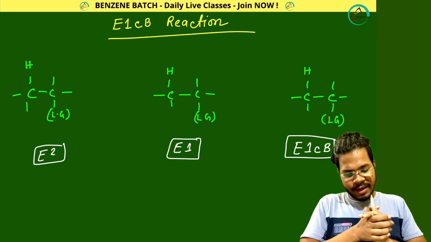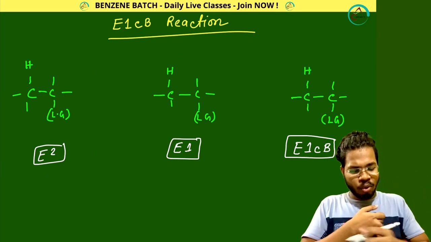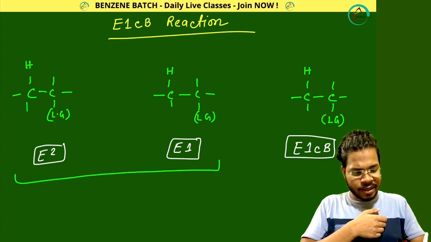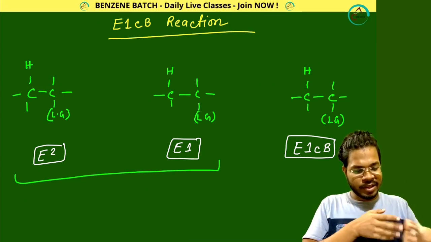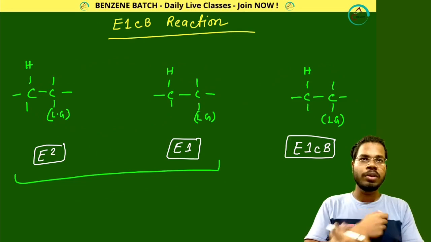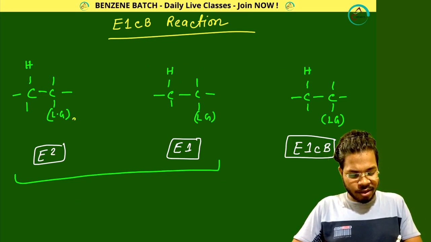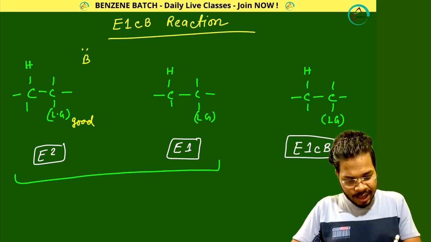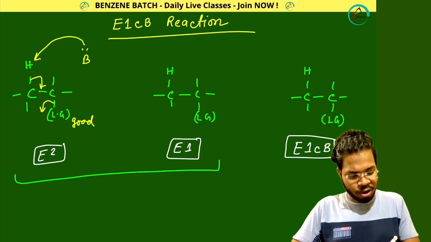Got it? So what is the difference then? You already know the difference between E1 and E2, but here I will tell you the difference between E1, E2 and E1cB. How would you differentiate these systems? In case of the E2 reaction, the leaving group is definitely a very good leaving group. As soon as you add the base, it will attack the hydrogen and give you the multiple bond, this kind of alkene.